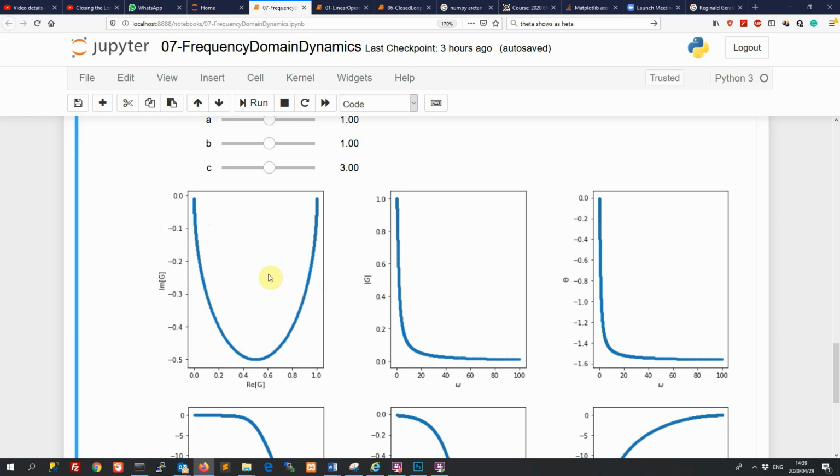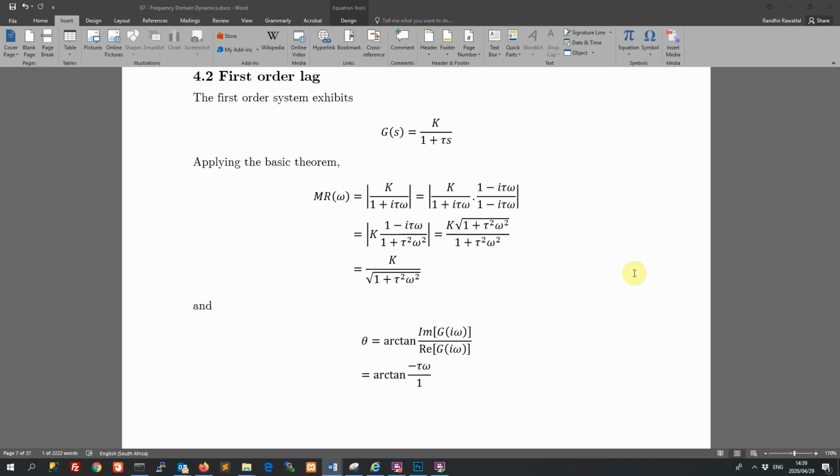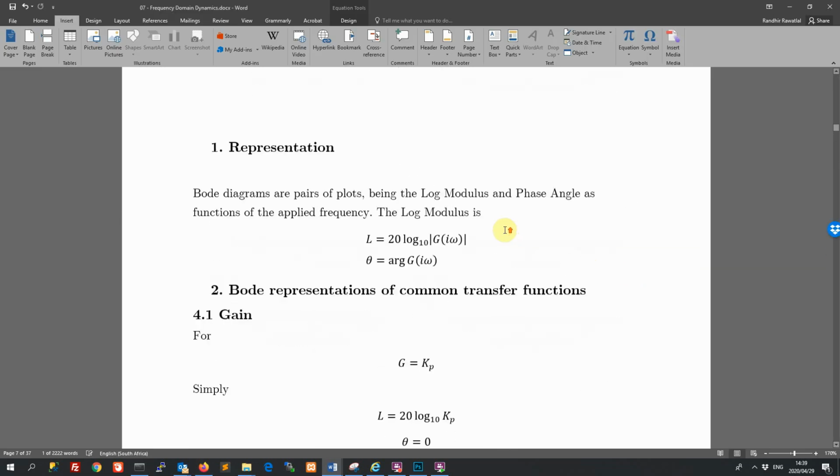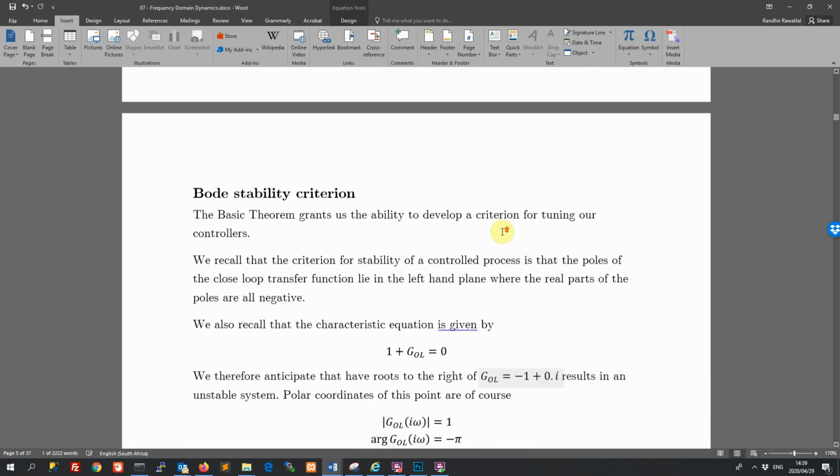However, in a way, these are not so easy to work with, because we have to kind of imagine what's going on in 2 dimensions and working with imaginary numbers and so on. And so instead of this, we have these nice definitions.